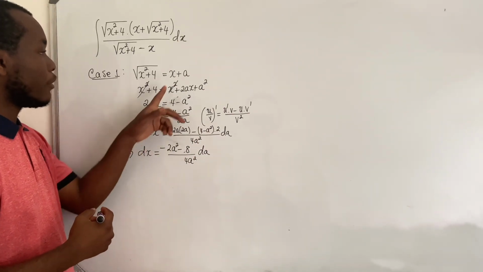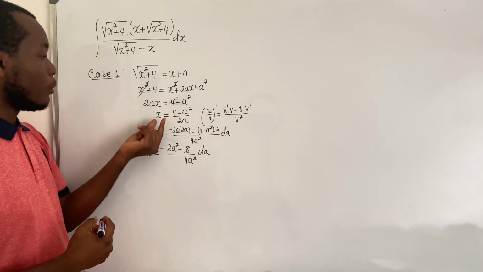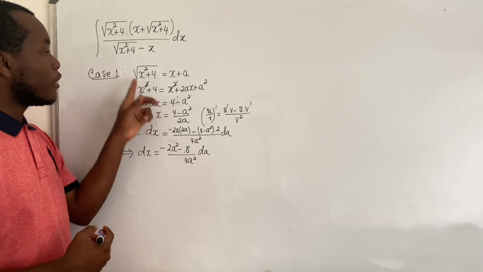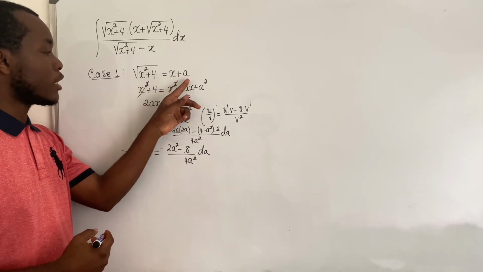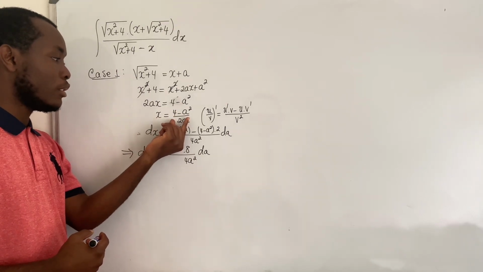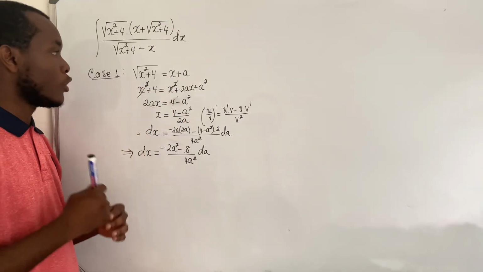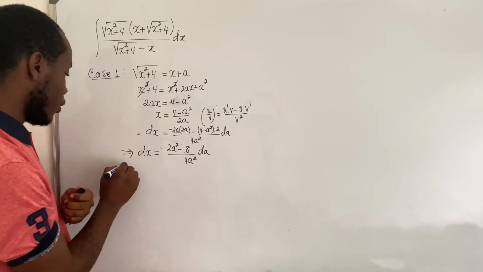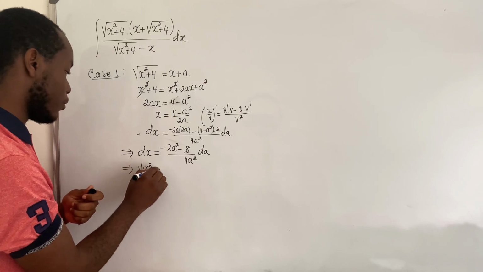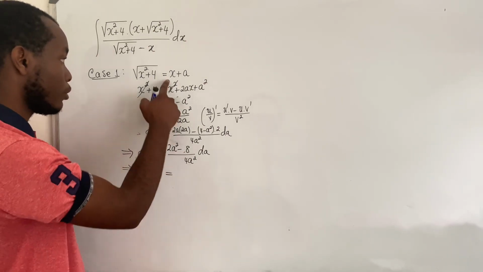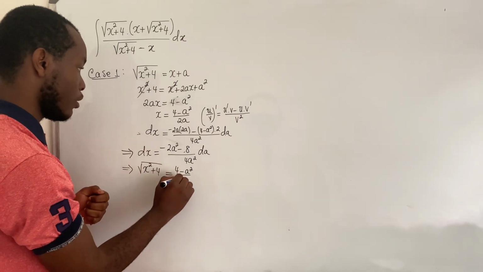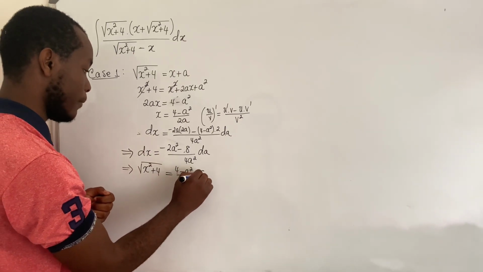But what is the value of x? We know x is equal to this expression, and the square root of this expression is x plus a. So we can take the value of x that is only written in a on the right side and substitute here. The square root of x squared plus 4 is going to be equal to 4 minus a squared over 2a plus a.